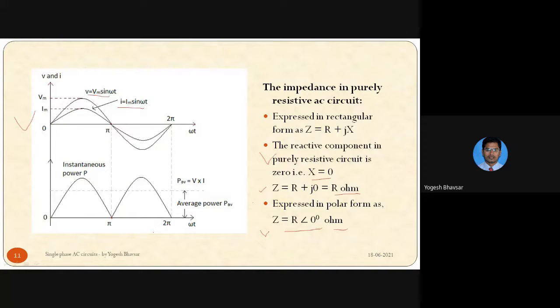And by this equation of average and instantaneous power, we can draw the power waveform for the purely resistive circuit. And the impedance in the circuit can be represented in the rectangular form as well as in the polar form.